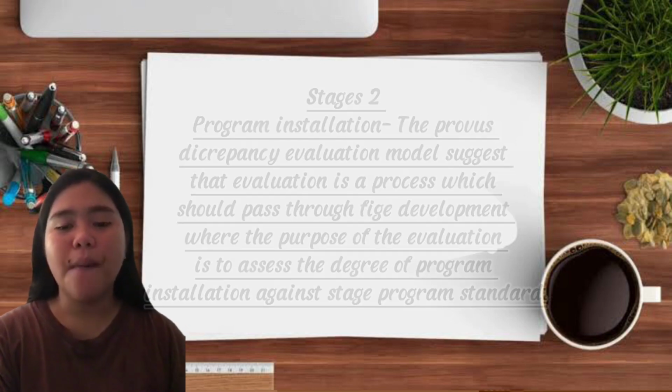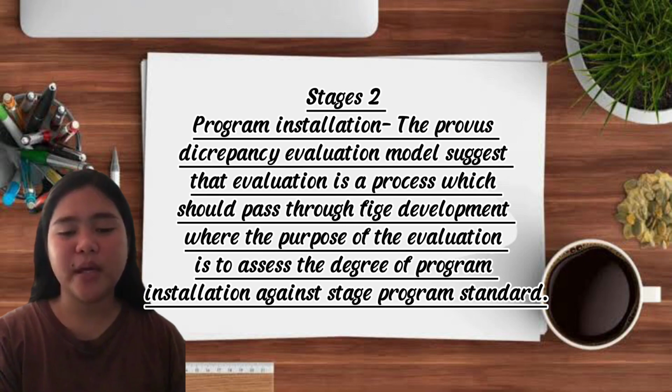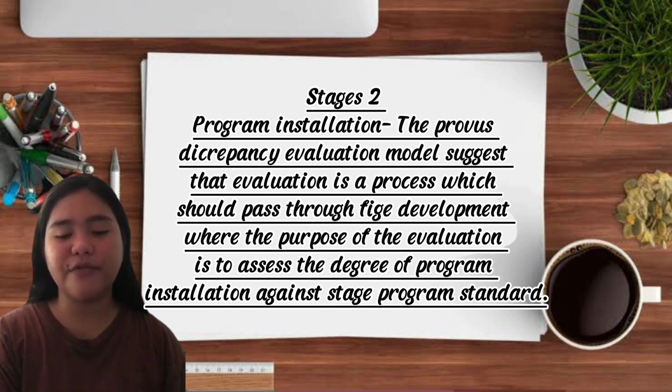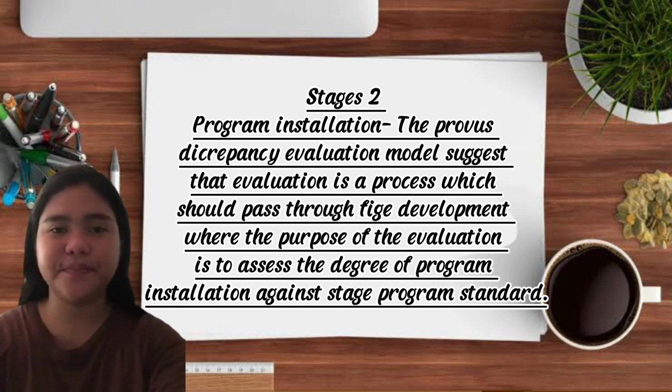Number 2. Program installation. The Provus Discrepancy Evaluation Model suggests that evaluation is a process which should pass through 5 developmental stages, where the purpose of the evaluation is to assess the degree of program installation against stage program standards.